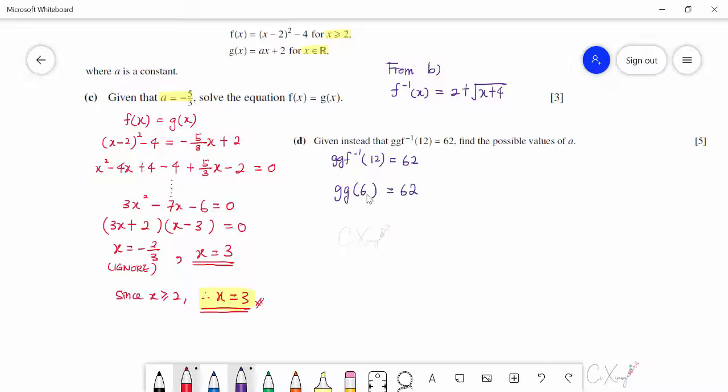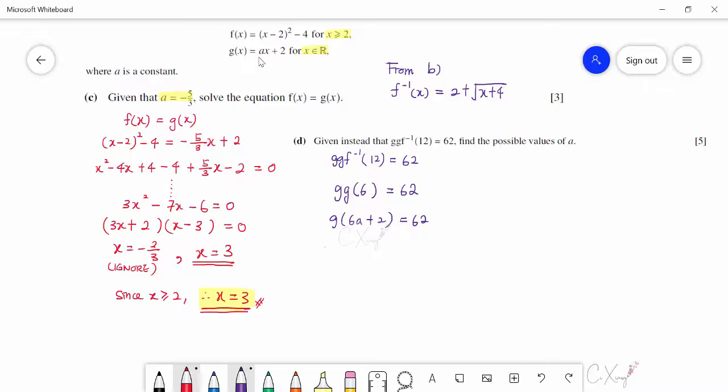Okay, then now you need to substitute x equals 6 into our function g(x). So if you substitute 6 into the function g(x), you have 6a plus 2, which is equal to 62. Then now you let x equal 6a plus 2 and substitute back into your g(x) again.